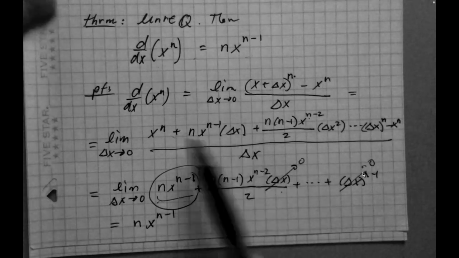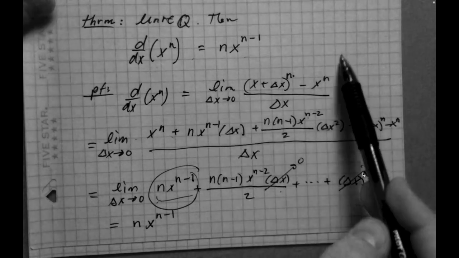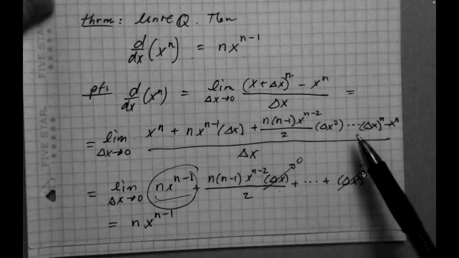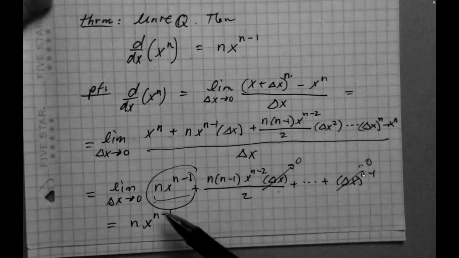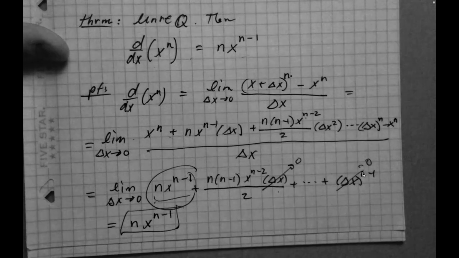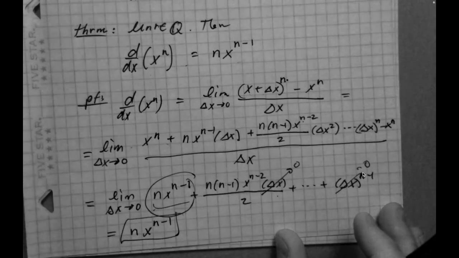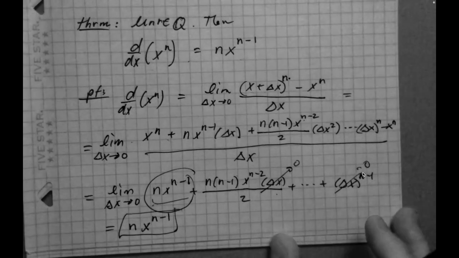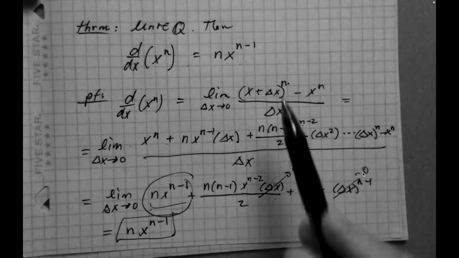You're going to use the definition, expand some stuff, cancel a bunch of stuff, algebraically reduce everything, and then take the limit and be left with this term here. I encourage everybody to try to figure it out in the case when n is not a positive integer, but it's going to follow this same basic format.